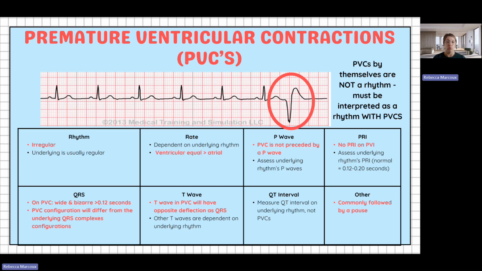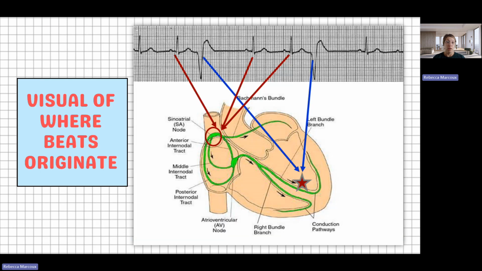Okay, so when we're thinking about a PVC, it's a single ectopic impulse originating from somewhere in the ventricular myocardium. Okay. This is kind of to give you an idea of where our beats are coming from. So you can see in this rhythm, we have an underlying sinus rhythm, and then all of a sudden we have a PVC.